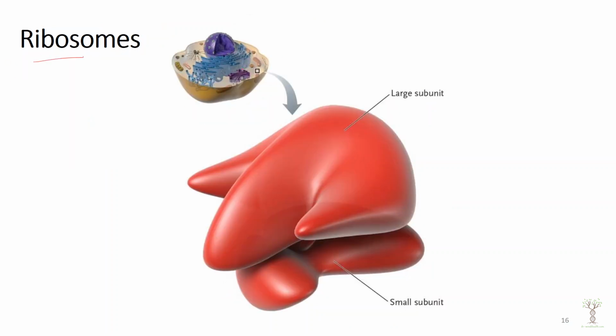Ribosomes, we've talked about these already. These are the little dot structures that are sometimes free in the cytoplasm and can be on the rough endoplasmic reticulum. Their main function is to produce proteins, and ribosomes do not have a membrane. There is no membrane on this organelle. They are composed of two subunits, a large and a small subunit.